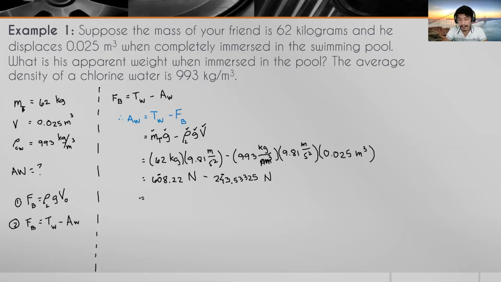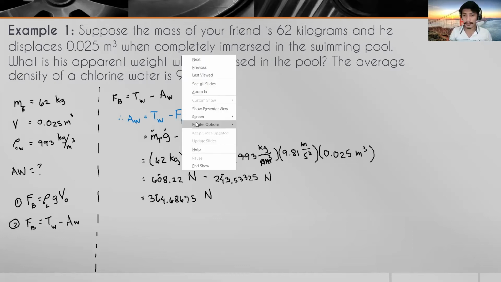So subtract 608.22 minus 243 point something. And that will give us 364.68675 Newton. Okay, so ilang significant figures ang kailangan natin?